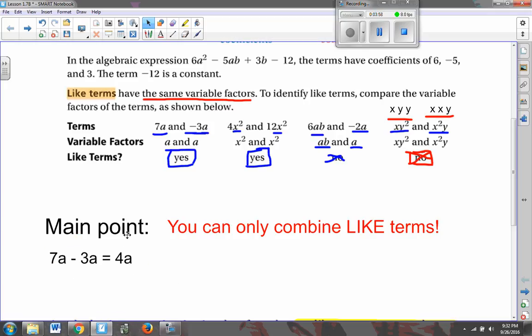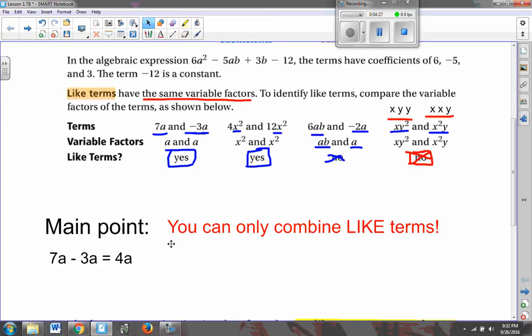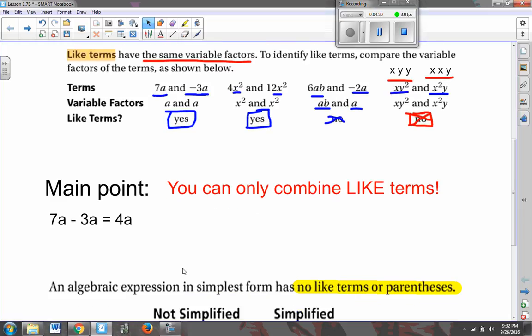But what I can't do is say 6ab minus 2a equals 4 of anything, 4 abs or anything like that, because those are not like terms. So that is absolutely not okay. It may seem like it's okay because you can do 6 minus 2, but they did not have the same variable pieces. They're not like terms, so that can absolutely not happen.